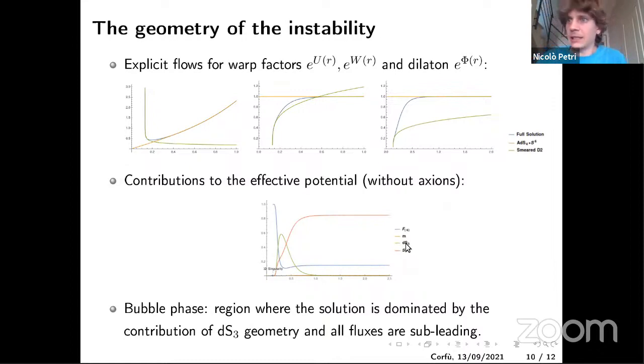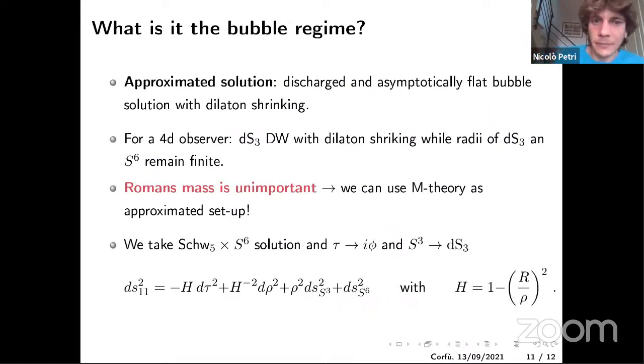That means that if we are looking for that particular regime and we want to provide an approximate solution to match the curve, we can pass to massless 2A and then to M theory, because what we are doing is only trying to find an approximate solution and see if we can glue it with the other regimes. And this is actually what we did.